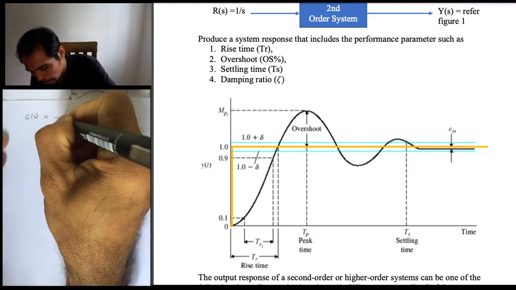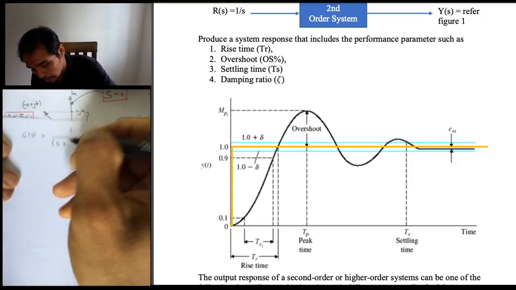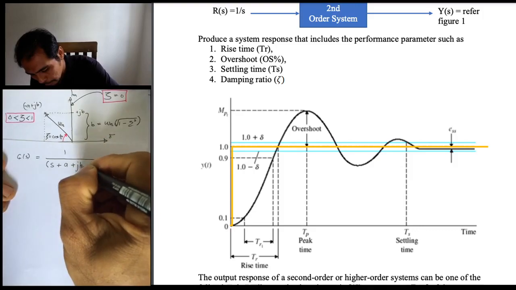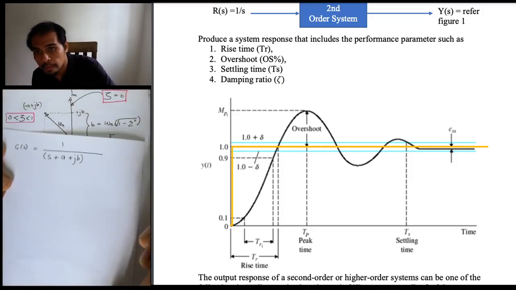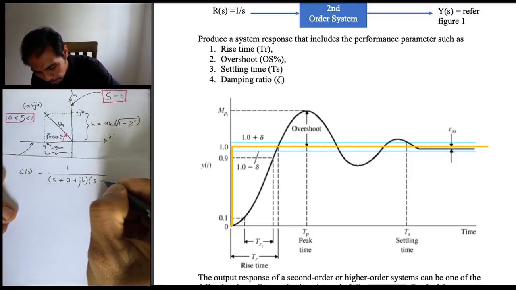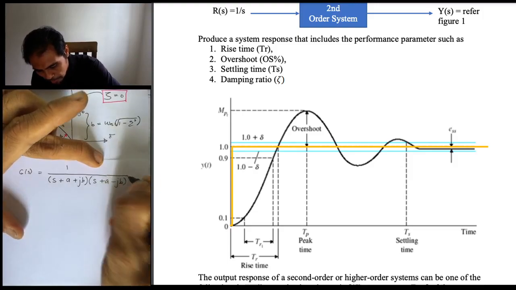We have S plus A plus jB, and then we have S plus A minus jB.